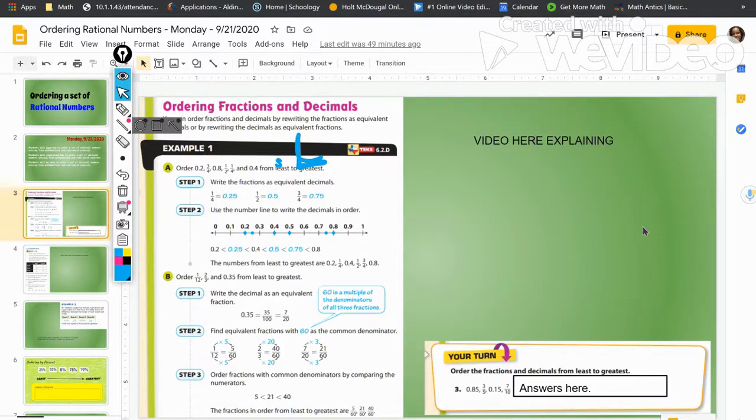So what they did was they plotted their decimals on the number line. So 2/10 is here. This dot that's in the middle of 2/10 and 3/10 would be represented by 25 hundredths because it's in between 20 hundredths and 30 hundredths.